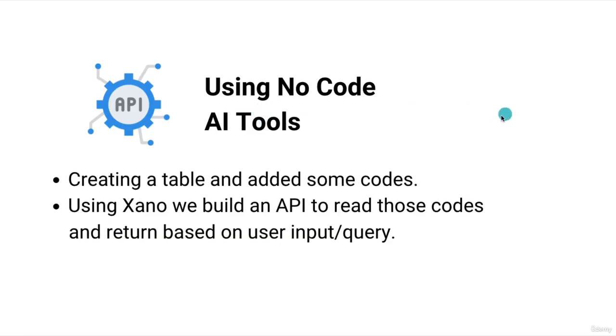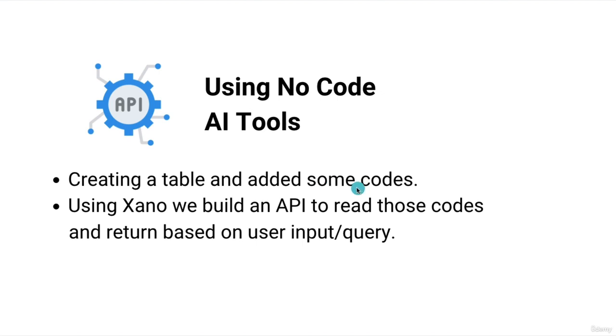So guys, in this way we have taught you how to use no code AI tools. There are various other tools, and we will explore others as well in the future, but these are the AI tools and how they work. We created one table, and inside that table we put some data, and everything we have done inside one database, as I have shown you.